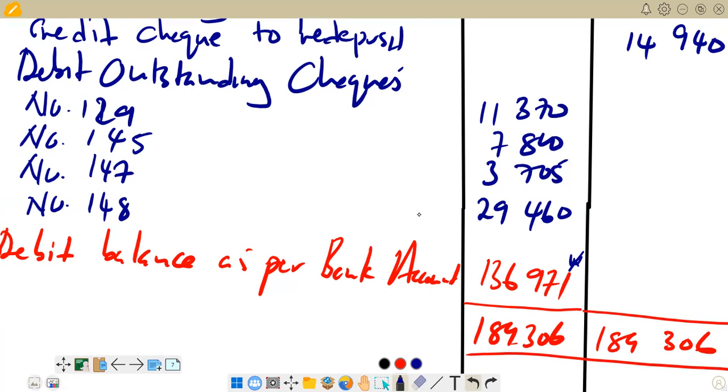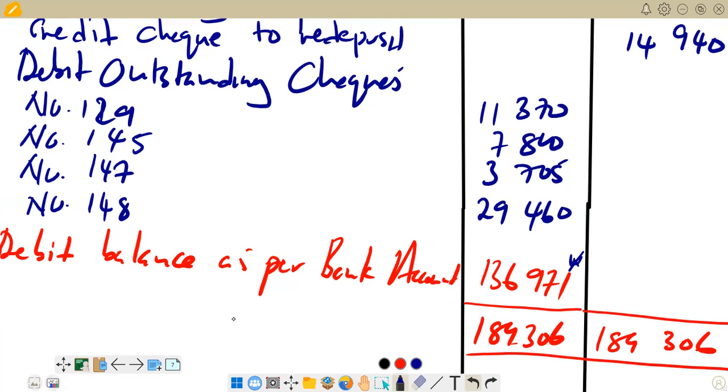So that's the purpose of the reconciliation, to make sure that the balances are the same, since a bank statement comes as an external document which represents the same information that we have in the bank account in the ledger. So we should have the same balance. If ever there's a difference, we prepare a bank reconciliation statement, we reconcile the balances and they become the same.